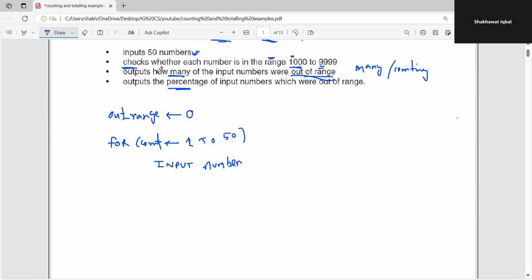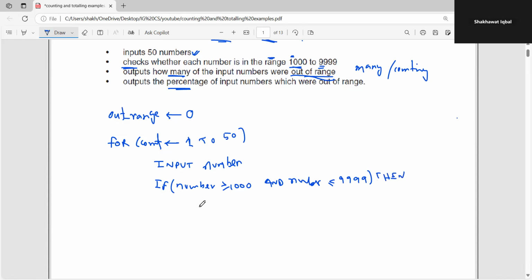First we just need to check whether the number is in range. If the number is greater than or equal to 1000 and at the same time the number is less than or equal to 9999, then here we don't need to count anything.